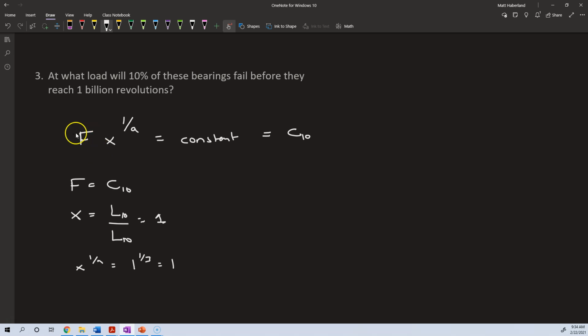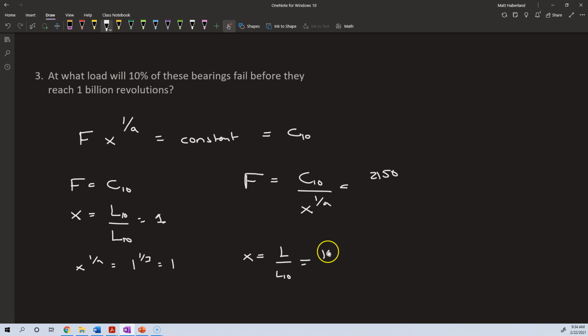We need to solve for the force at which 10% of the bearings are going to fail, again assuming a constant, fixed reliability of 90%. All right, so we can do that. We say F is equal to C10 over x to the 1 over a. C10 is equal to 2150 pounds. X to the 1 over a, let's figure that out. X is equal to the life we're talking about over the L10, 1 million.